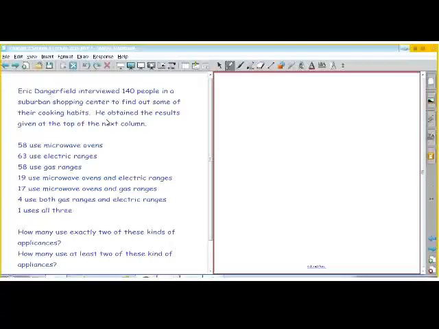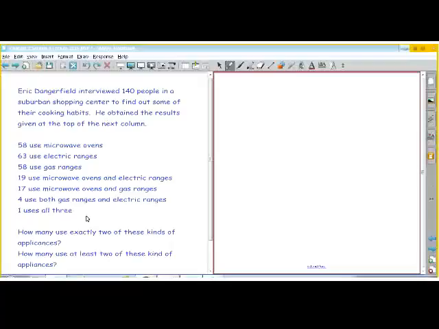They interviewed 140 people in the mall, and the results of the survey were 58 people use microwave ovens, 63 use electric ranges, 58 use gas ranges, and then we have the ands: microwave and electric ranges, microwave and gas ranges, electric and gas ranges, and somebody had all 3.